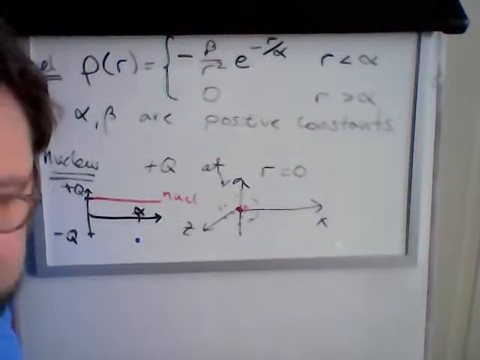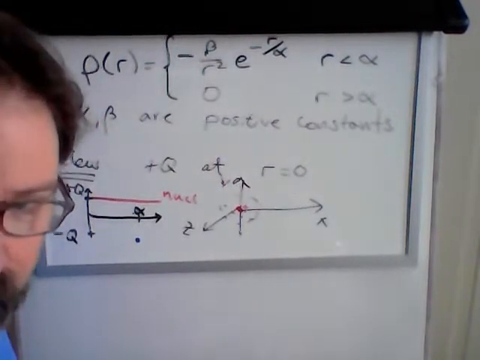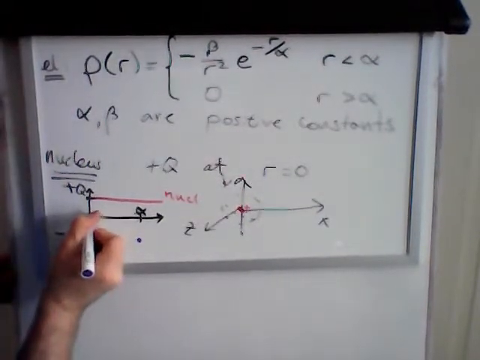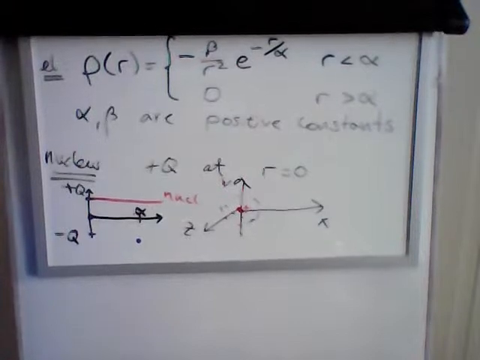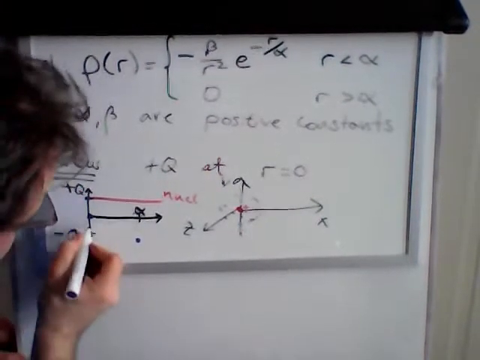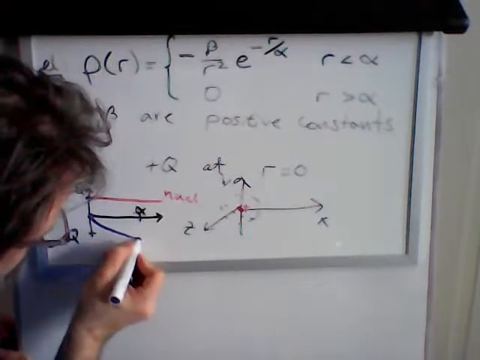So once we reach that radius of alpha, we should have all the charge. And at the center, obviously, we have no charge inside that point. Okay? And of course, this needs to be an exponential asymptote, kind of, but meets that point. There we go.